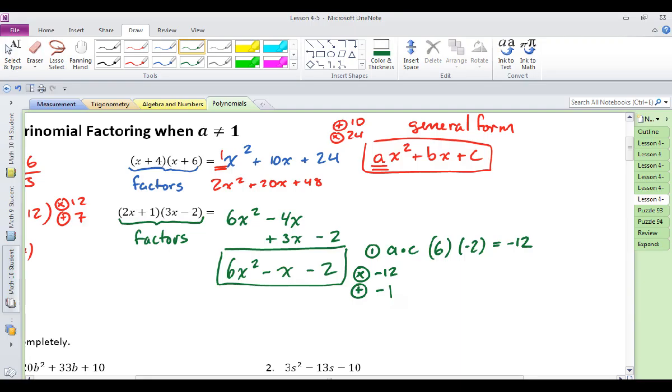Okay. What are the factors of 12 that will get me to negative 1? Is it 1 and 12? No. Is it 2 and 6? No. Is it 3 and 4? Yes. Okay. So remember, I said we're doing regular factoring, right?